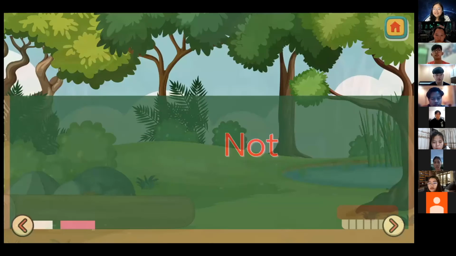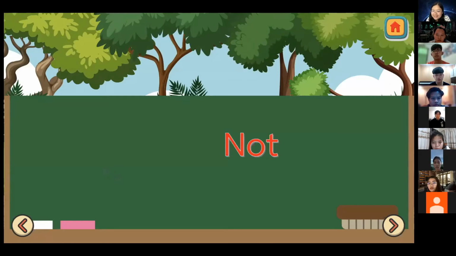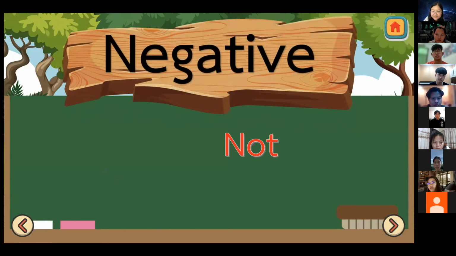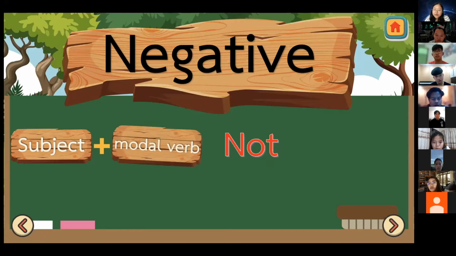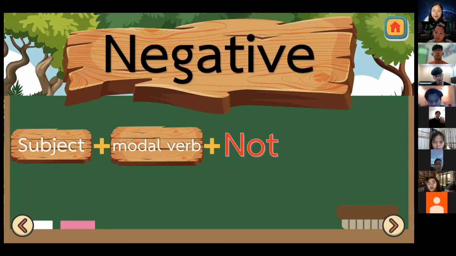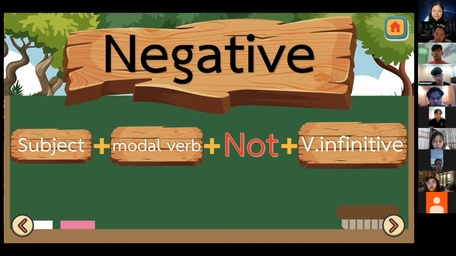Next, if we see not, the form will be negative. The negative form starts with the subject and modal verb, and the important thing is not, followed by the verb infinitive.